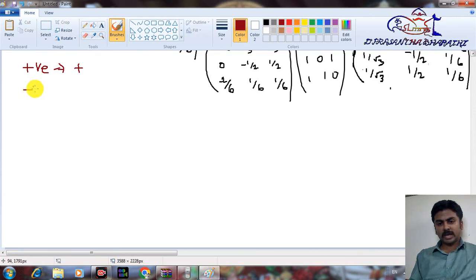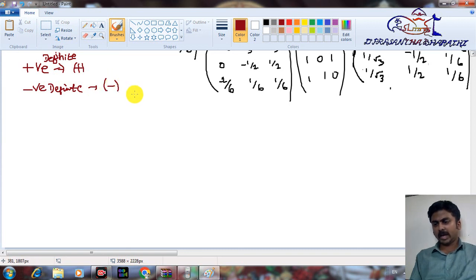Similarly, negative definite means the eigenvalues will have only negative terms.